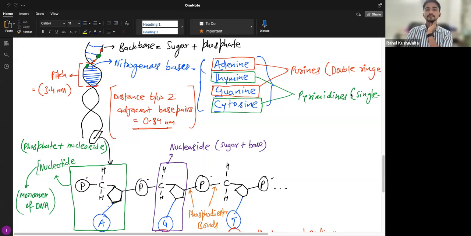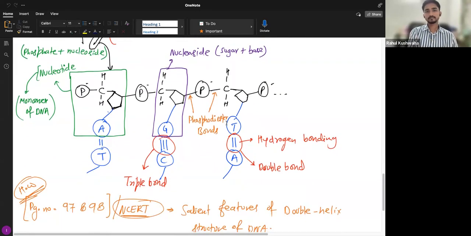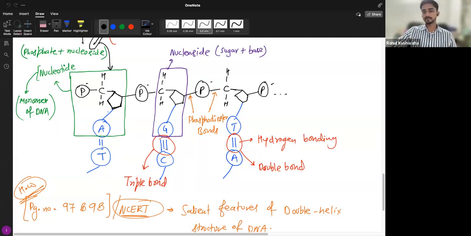Purines are double ring structures, and thymine and cytosine, which are pyrimidines, are single ring. We also learned about nucleotide and nucleoside. Nucleotide is a monomer of DNA. And we learned about its structure with double bonds and triple bonds. Right. So the double bonds and the triple bonds, basically the hydrogen bonds, are between the base pairs.